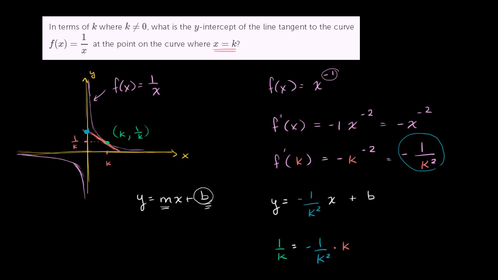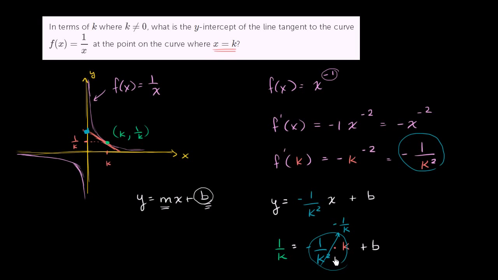Now, what does this simplify to? k over k squared is the same thing as 1 over k. So all of this simplifies to negative 1 over k.